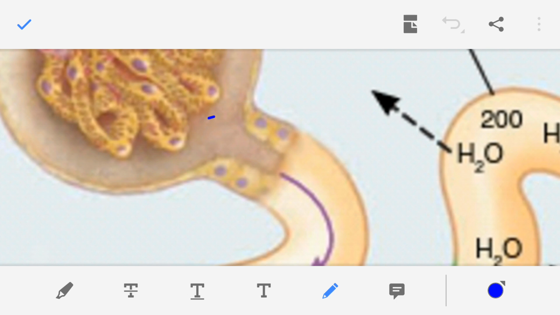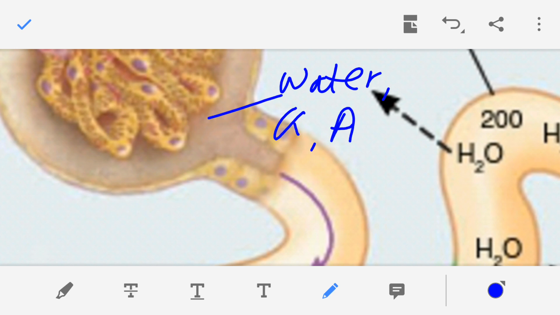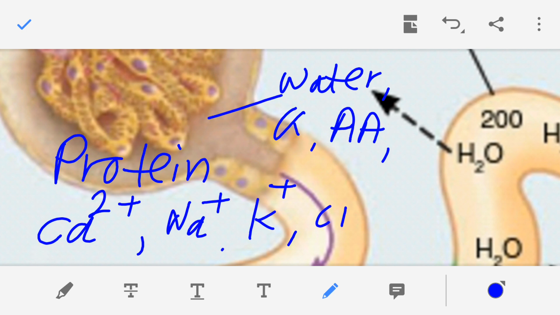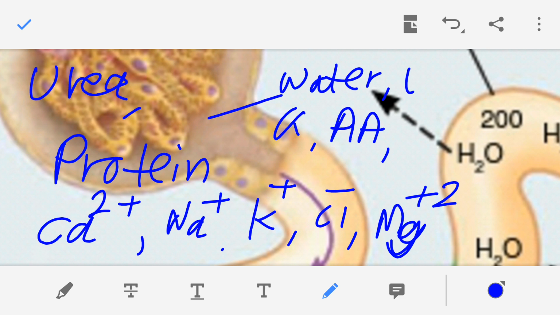The components coming out are water, glucose, amino acid, protein, Ca2+, Na+, K+, Cl-, Mg2+, urea, uric acid.